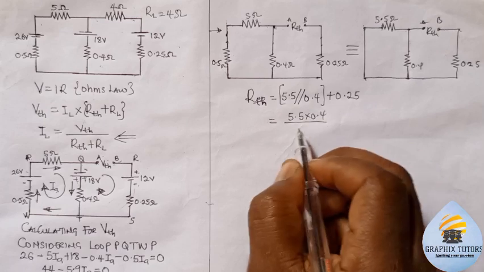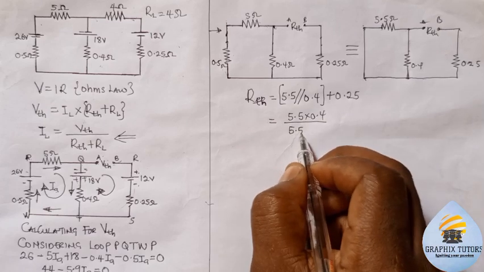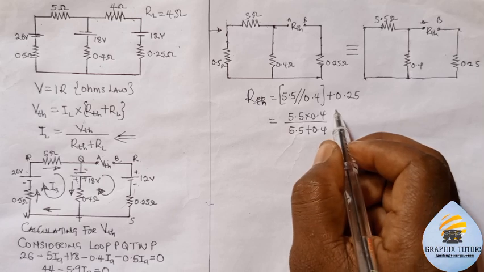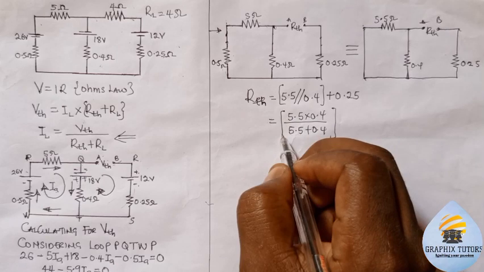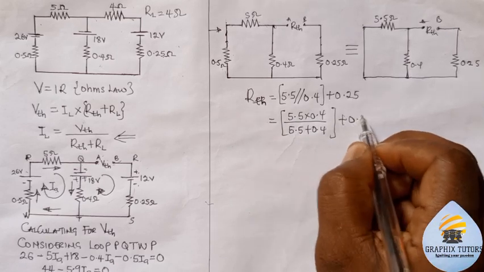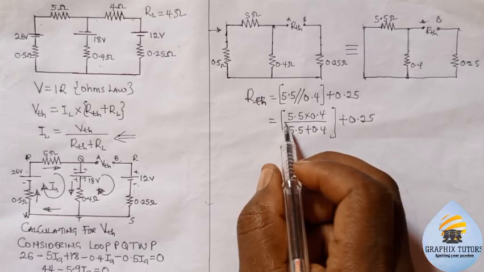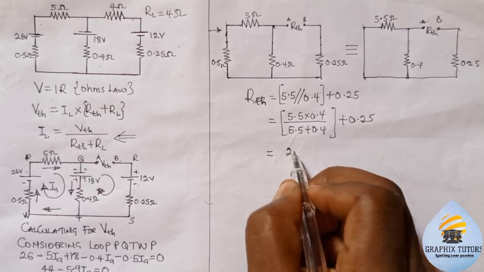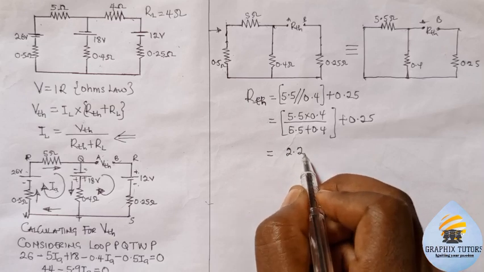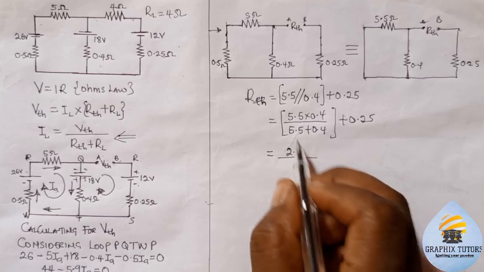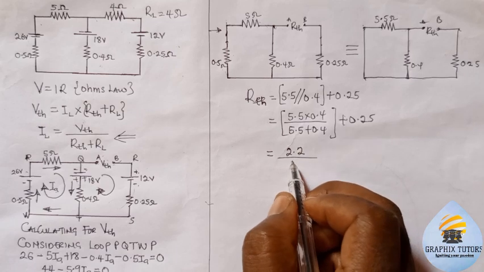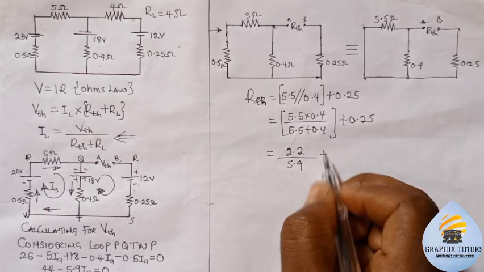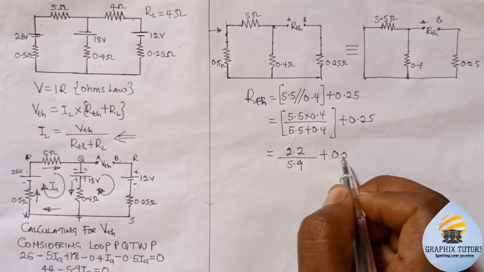right? And you are going to add both of them, add the denominator, then all adding to the 0.25. So when you multiply 5.5 times 0.4, you'll be having 2.2 all over 5.9, right? Everything adding to 0.25.